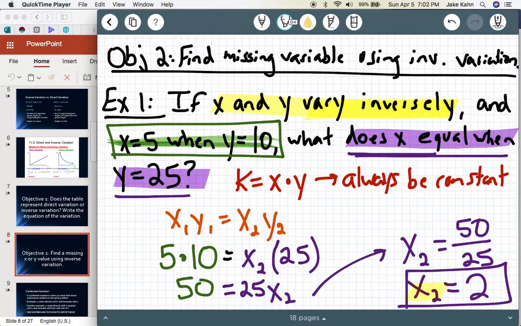And that is our final answer. Does this make sense? Yes, because 2 times 25 is 50, and 5 times 10 is 50. K equals x times y, your constant of variation always has to be constant. Great. Moving forward.